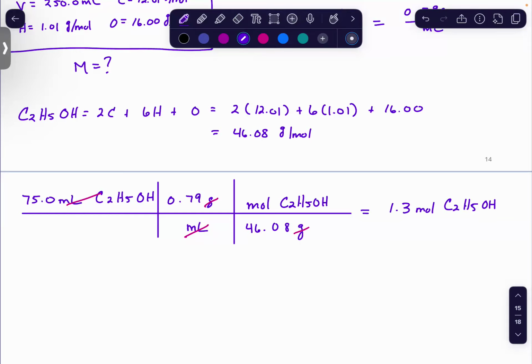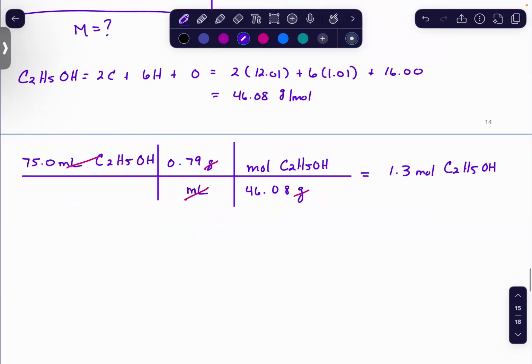Okay, now I'm ready to figure out the molarity. So my volume, I'm going to remind myself that my volume is 250 milliliters, but I need moles per liter. So I figure out that this is 0.250 liters.